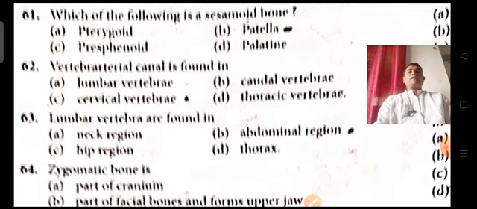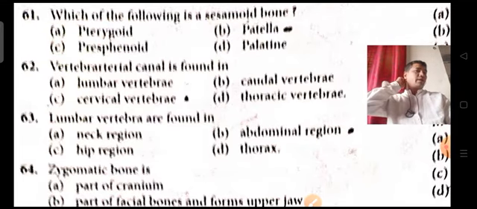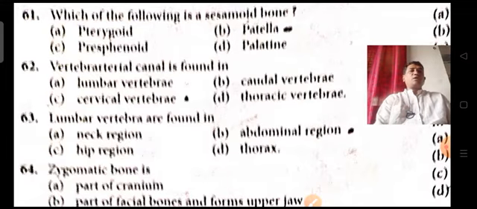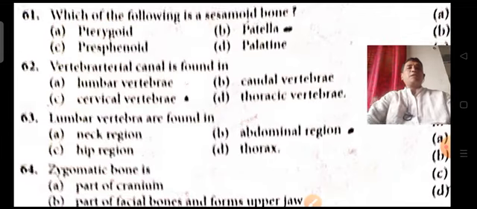Cervical vertebra is between the skull and the thoracic vertebra, so probably here the fluid flows. It is found between the seven bones of the neck region, and thoracic vertebra means from the shoulder region to the ribs, just above the abdominal region.